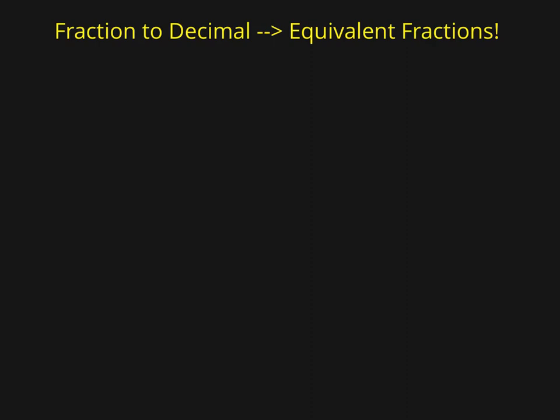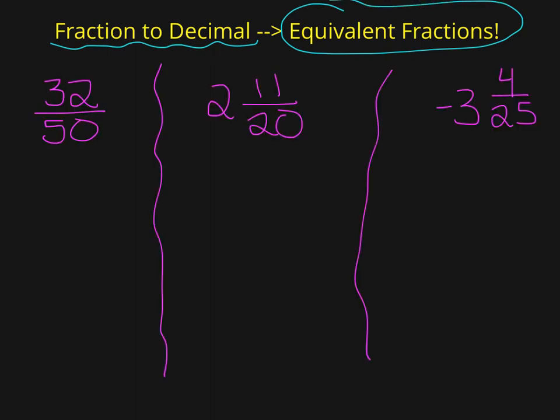Alright, so you can't memorize every fraction decimal equivalency. So we're going to learn two different methods of how you can convert fractions to decimals. I'm going to give you 3 examples and have you try 3 on your own using the method of creating equivalent fractions. Alright, so here are 3 fractions that we are going to turn into decimals by creating equivalent fractions.